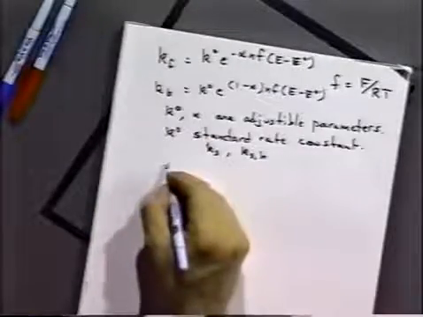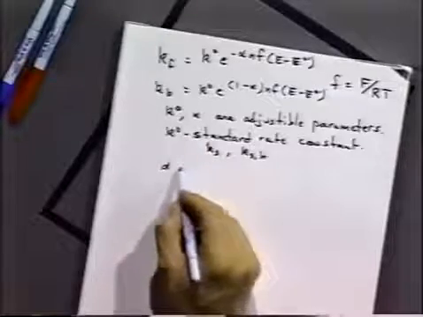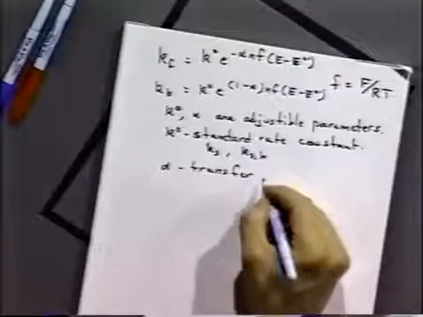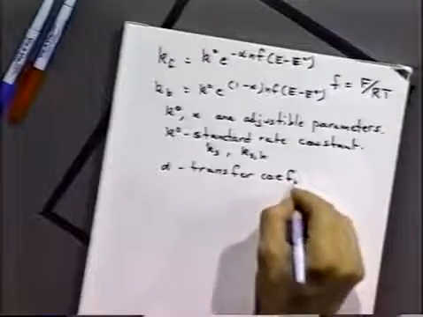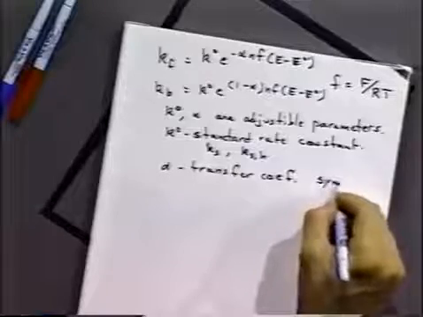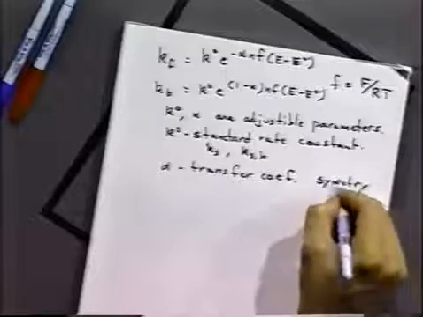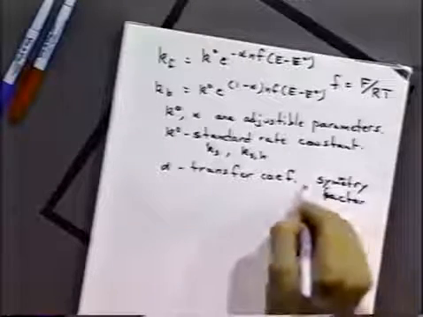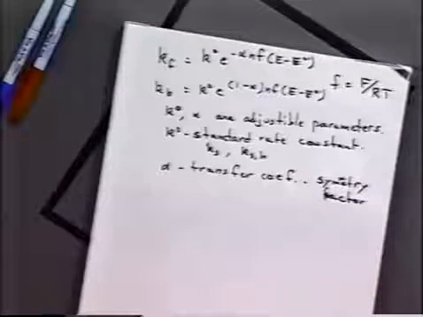And alpha is usually called a transfer coefficient, and sometimes it's called a symmetry factor, for reasons we'll explain in a little bit.